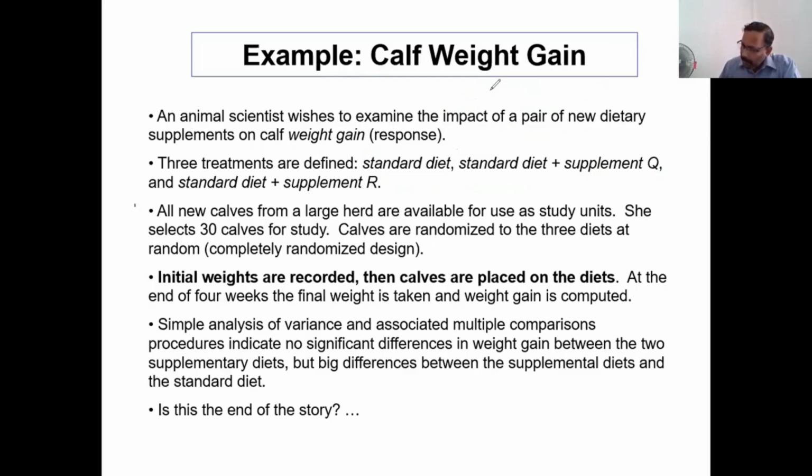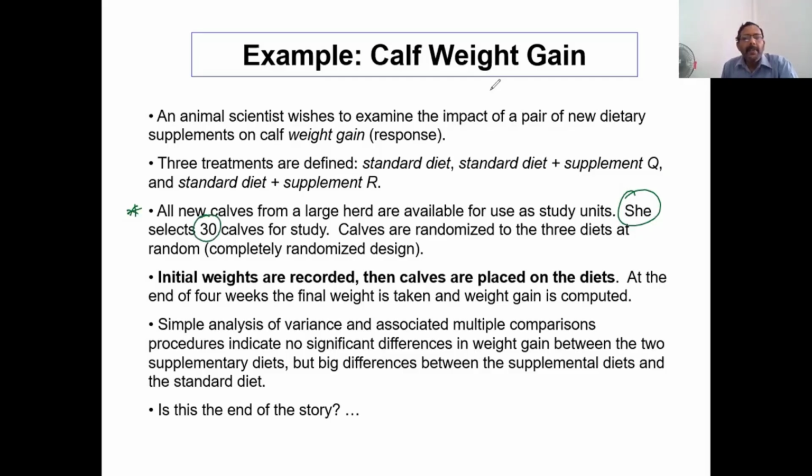Right. Now, if you look at the animal point of view, we have 3 diets that we want to test. All new calves from a large, big herd are available for use as study units. The researcher, actually a lady researcher, selects 30 calves.